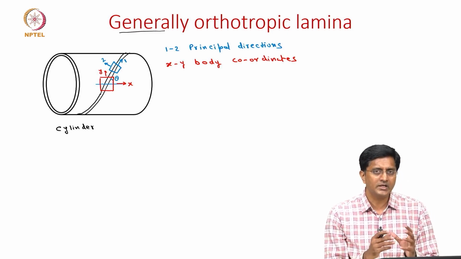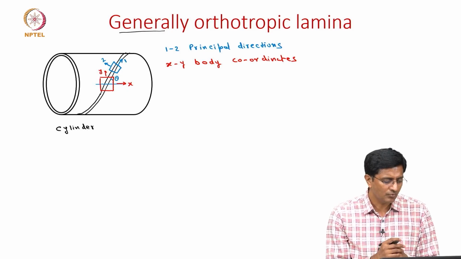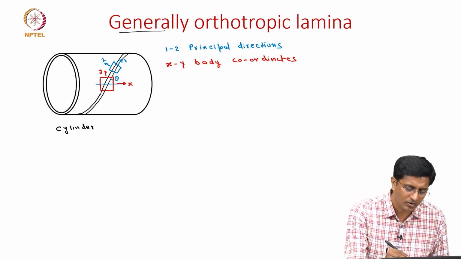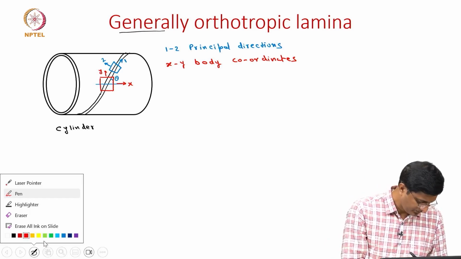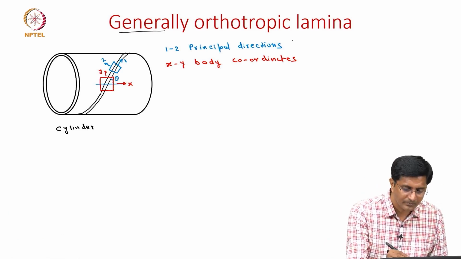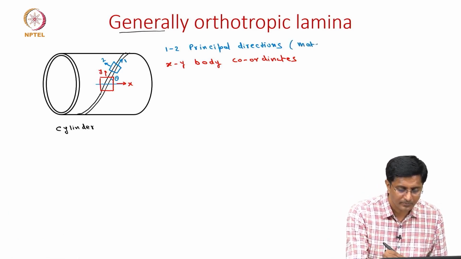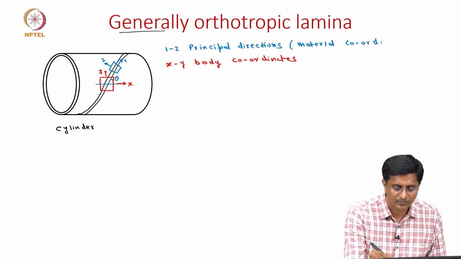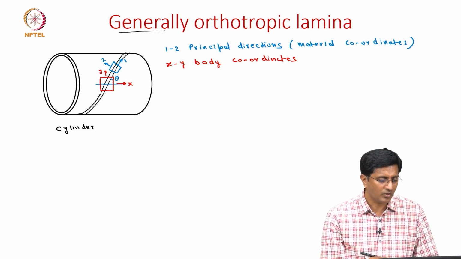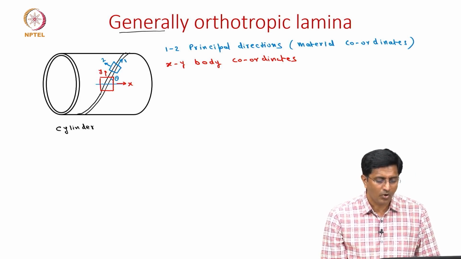So, now you can see that there are two different coordinate systems, one referring to the principal directions or the material coordinates, and x y which we are now calling the body coordinates.